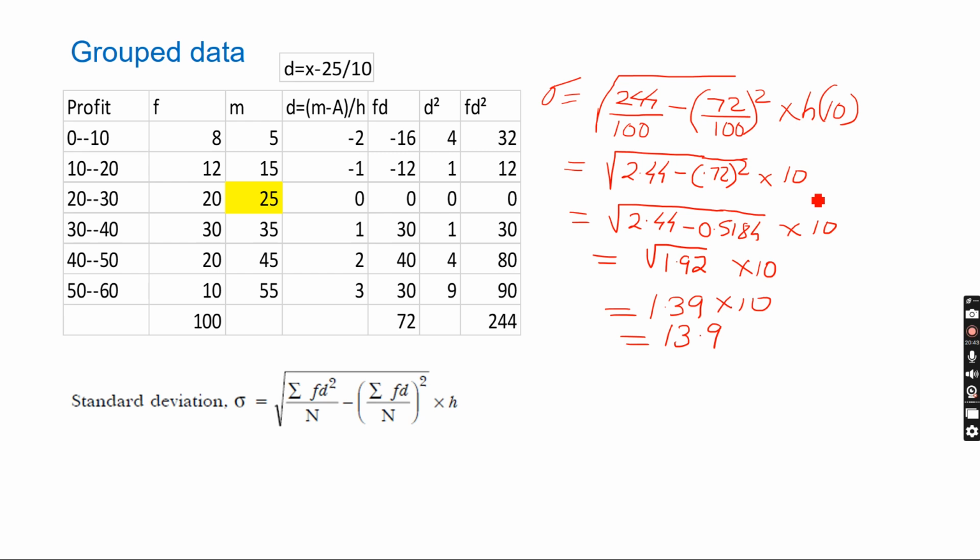So this was the standard deviation. So in essence, if my mean was say 25, my standard deviation on the right would be 13.9. So 25 plus 13, and on the left it would be say 25 minus 13.